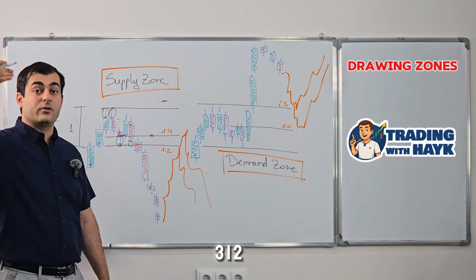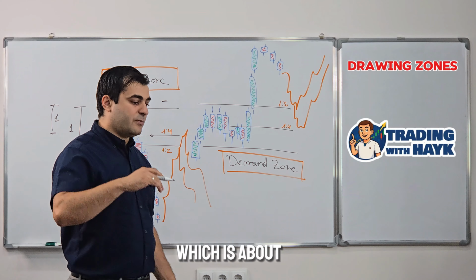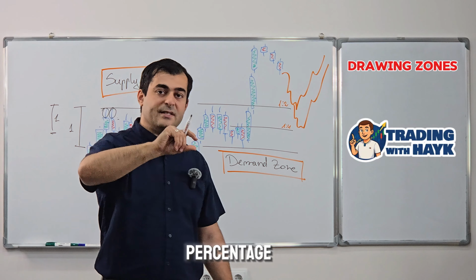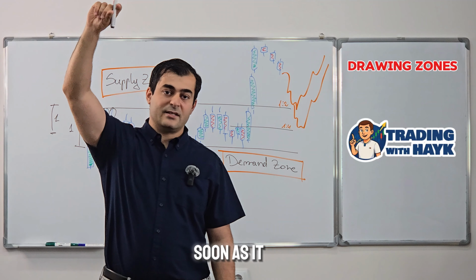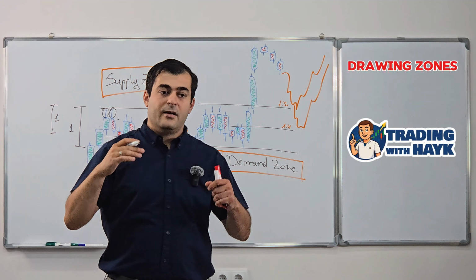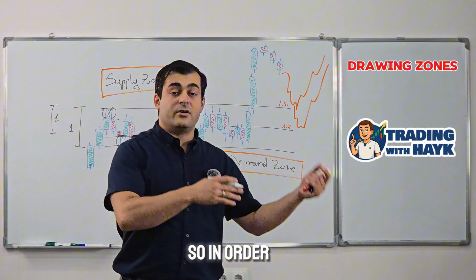Of course, there's a strategy that we talk about in the school, our community, where you can enter with a small percentage, then as soon as it goes to the main point, enter with a big percentage, so that you don't take a loss or lose the potential trade.